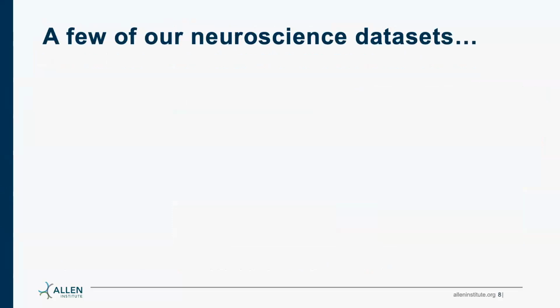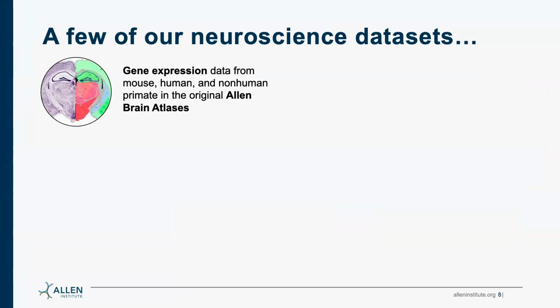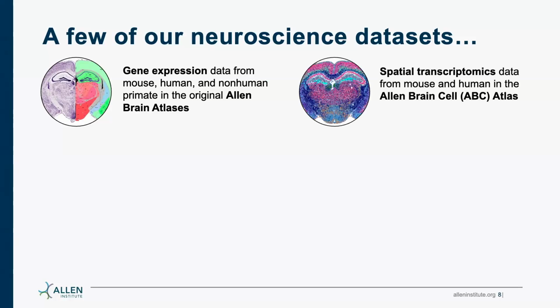So I just wanted to briefly mention some of the neuroscience data sets. We don't have curricular materials for all of these, but we have curricular materials for many of them, and we're currently developing more. We're probably best known for the original gene expression atlases, which mapped first the mouse brain in terms of gene expression using in situ hybridization, and later human and non-human primate brains as well. And more recently, we've moved toward more single-cell transcriptomics, spatial transcriptomics, and all of that data can be found in the Allen Brain Cell Atlas, or ABC Atlas.